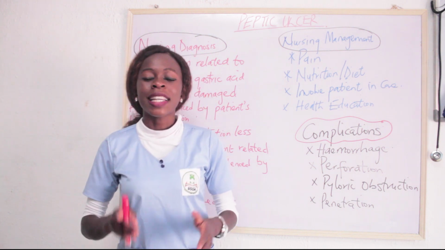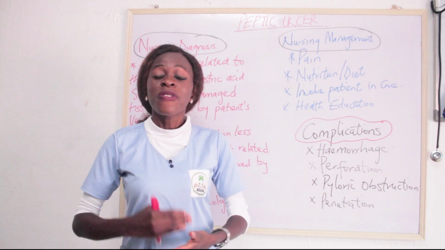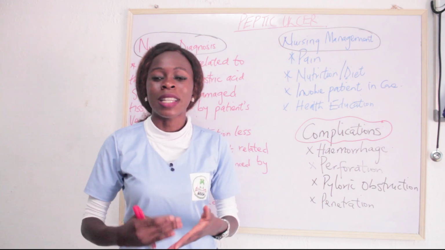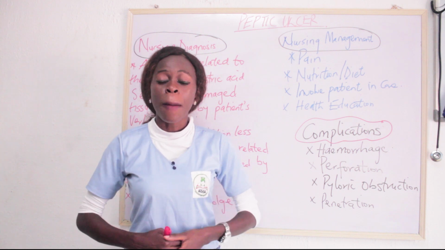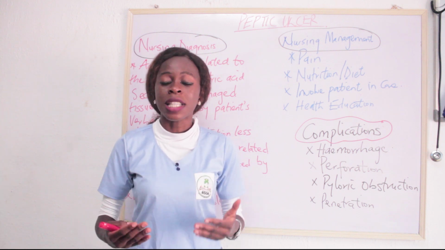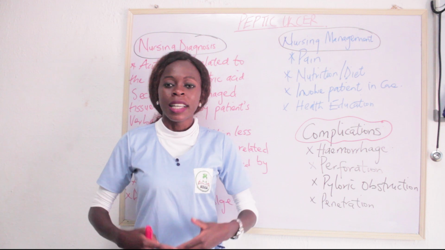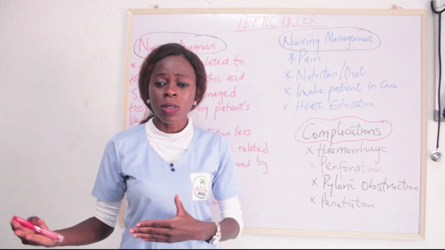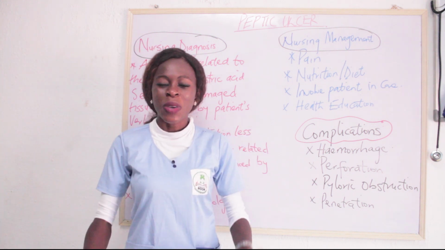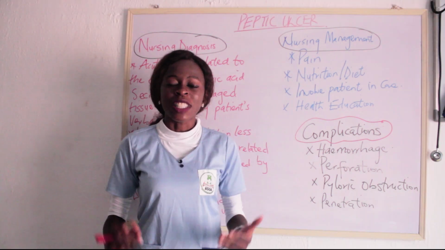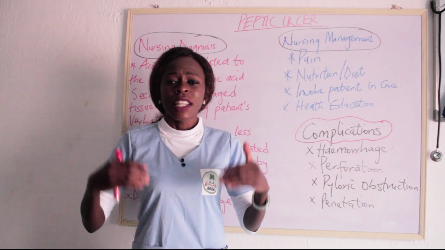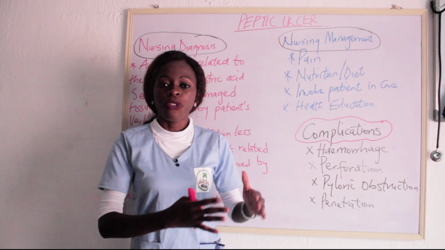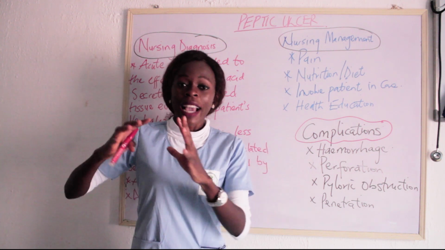Then the last one is health education. The importance of health education in nursing should not be underestimated, because most of our patients are not aware of the risk factors of peptic ulcer. They are not aware of the things that are likely going to aggravate peptic ulcer. So you have to educate them on the importance of reducing caffeinated drinks and of taking enough bland diets rather than caffeinated food.